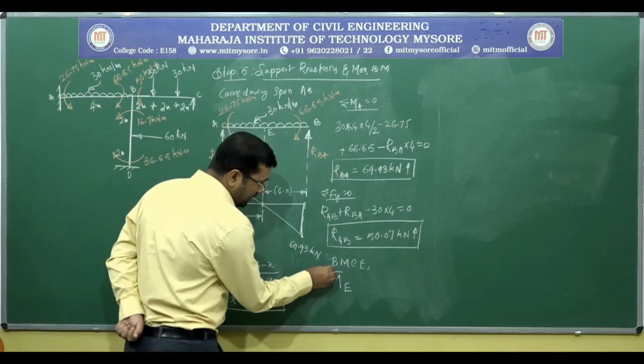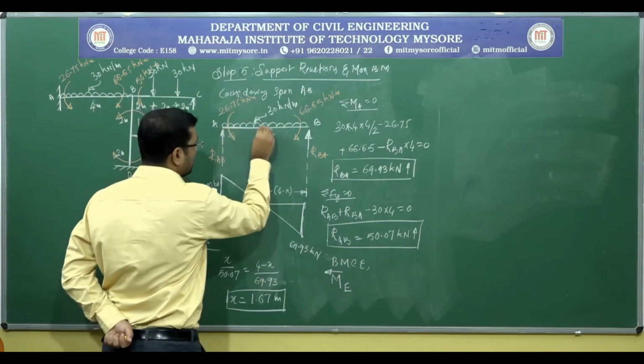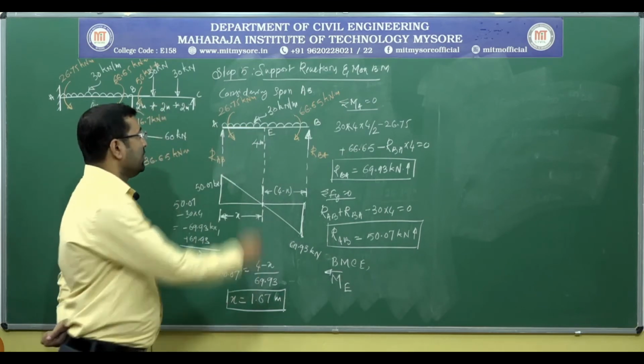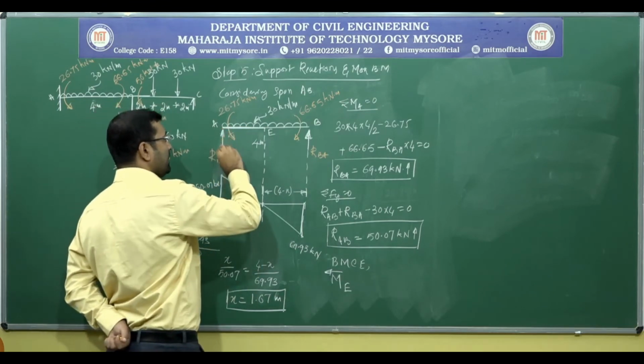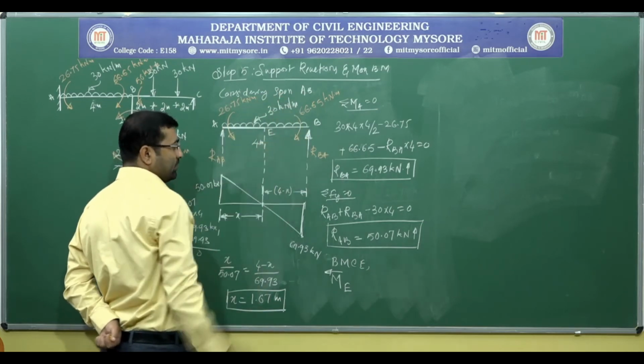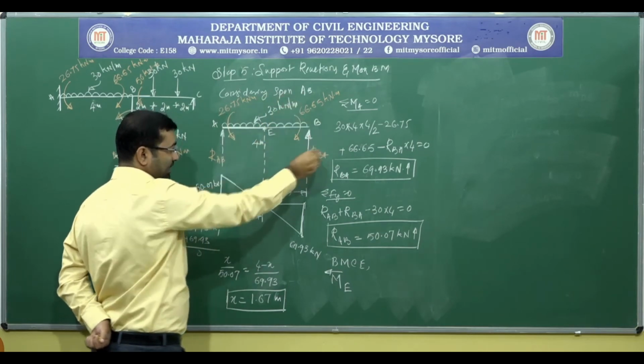So I am considering the left portion of the beam with respect to E, means I am going to consider this portion of the beam for the calculation. On the left side we have RAB, which is creating a clockwise moment. With respect to this point, RAB is creating clockwise moment.